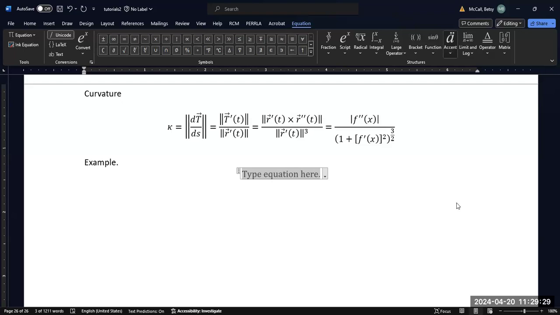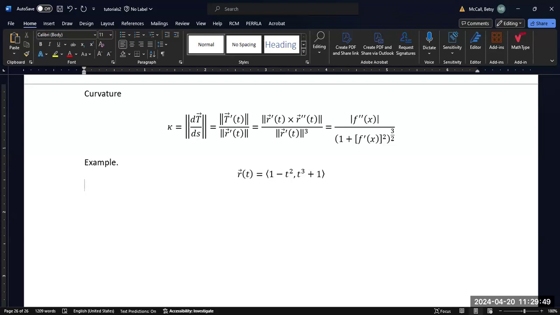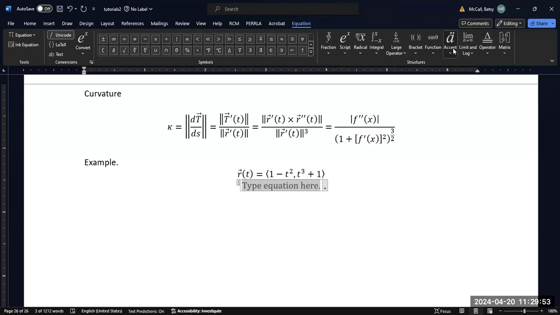All right, so let us come up with our function. So r of t is 1 minus t squared and t cubed plus 1. The first thing we need to do is find r prime of t.